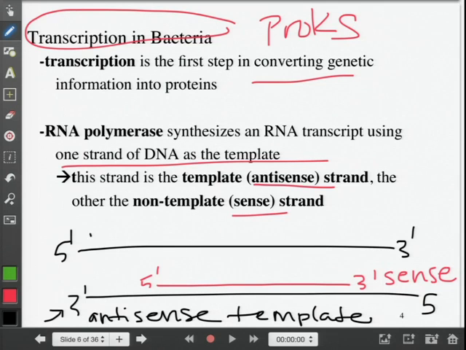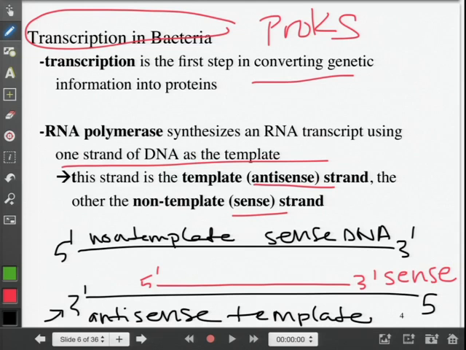And so then that makes this the non-template, like I call it, or the sense strand of DNA for some people. Because it's the same, right? Same polarity as the RNA, same base pairs, except for G and U. So if you Google for quizzes and look up stuff online and those terms, that's all that means. Okay? I will use template, non-template, whenever possible.